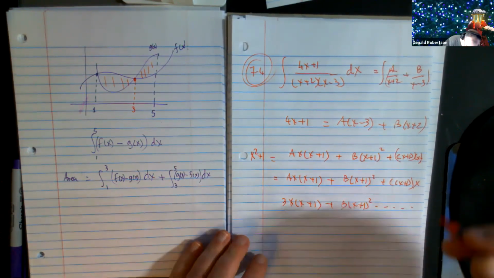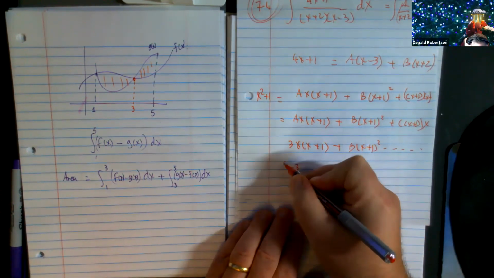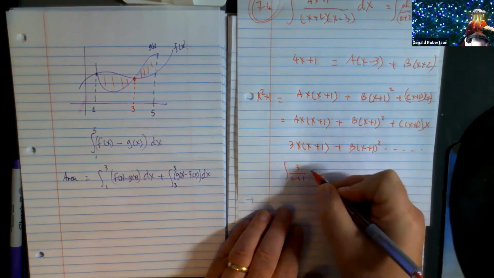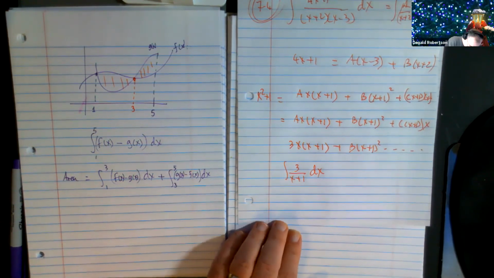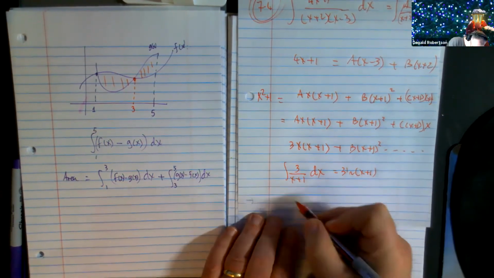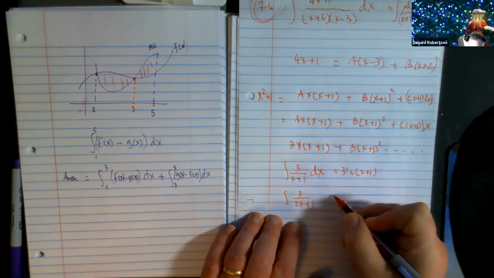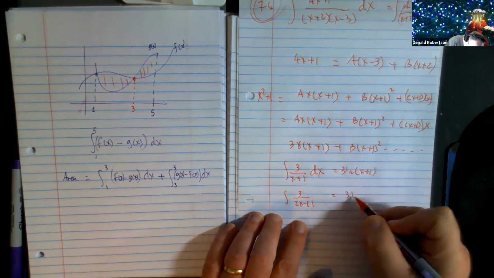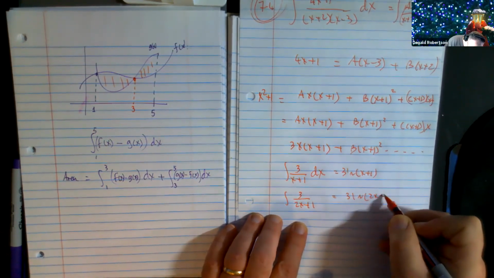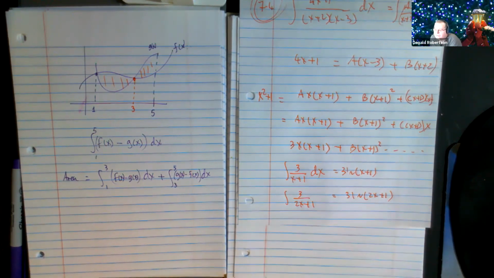Now, when you do these questions, you're probably going to have to integrate things like that, which is 3 natural log of X plus 1. Of course, it might be something like that, which is 3 times the natural log of 2x plus 1, but not just that. This has an extra piece, doesn't it?